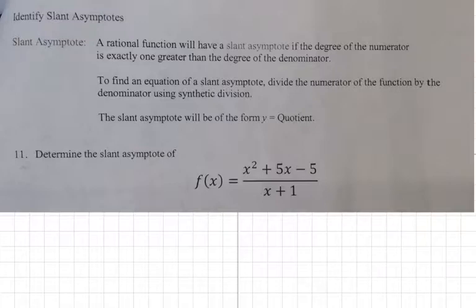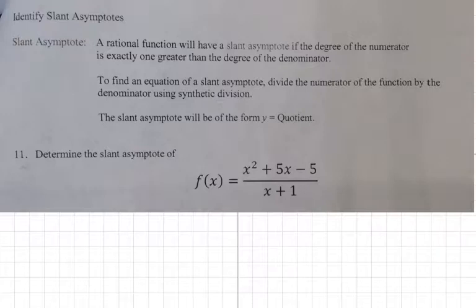If the degree of your numerator is a 2 and the degree of your denominator is a 1, you will have a slant asymptote. Okay, so to find the equation of a slant asymptote, we divide the numerator of the function by the denominator using either long division or synthetic division. The slant asymptote will be in the form y equals whatever your quotient is.